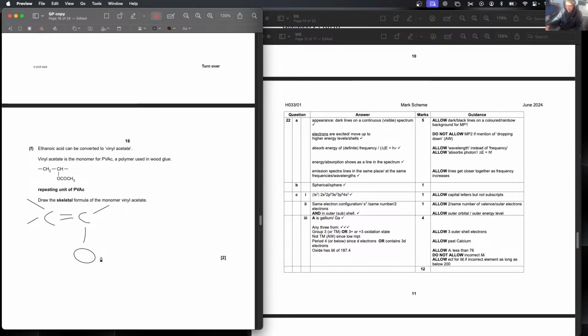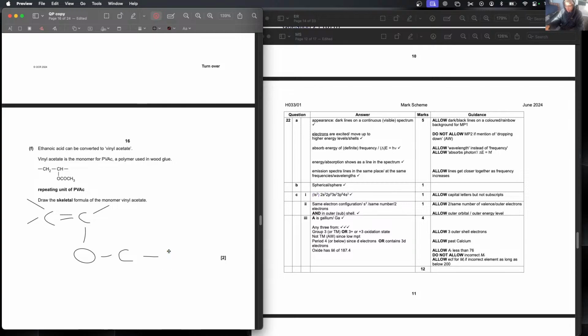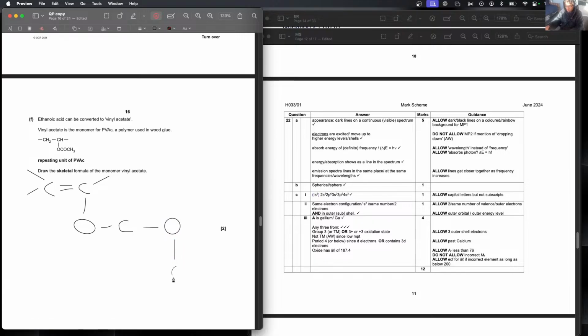Oxygen, which is bonded to a carbon, which is bonded to another oxygen, which is bonded to a carbon with 3 hydrogen bonds. Okay. So, a carbon has to have 4 bonds, so these have to be double bonds.